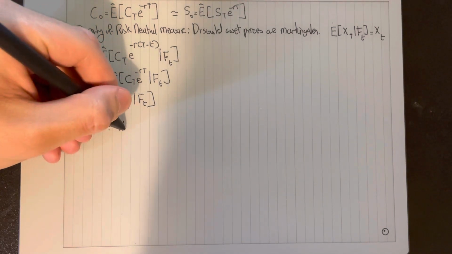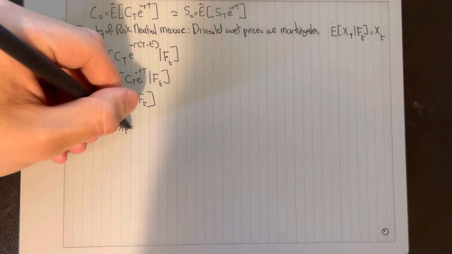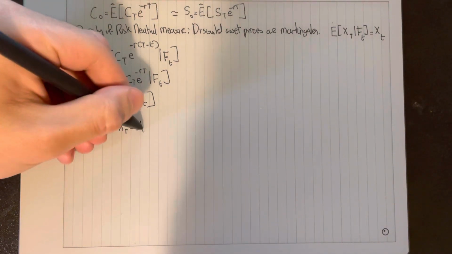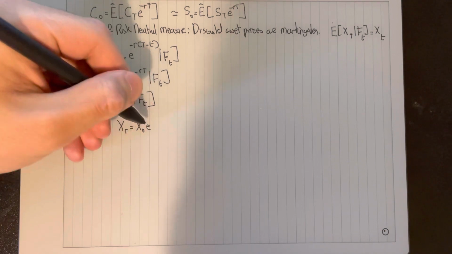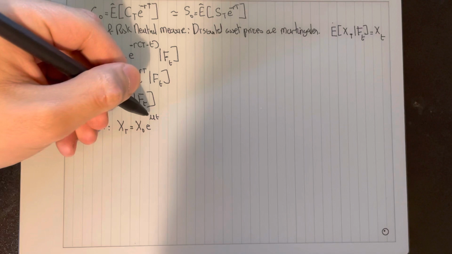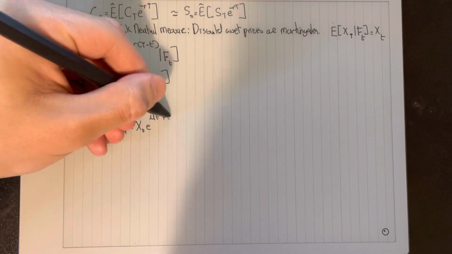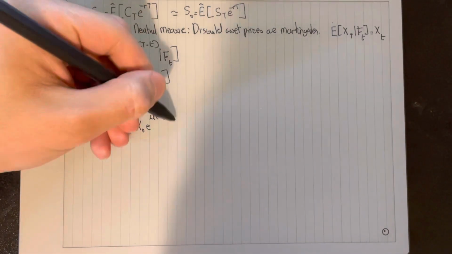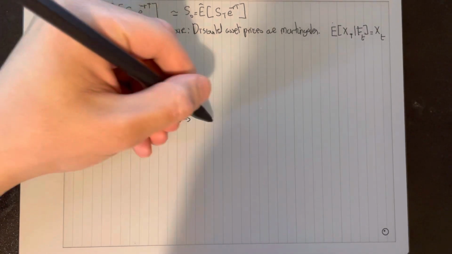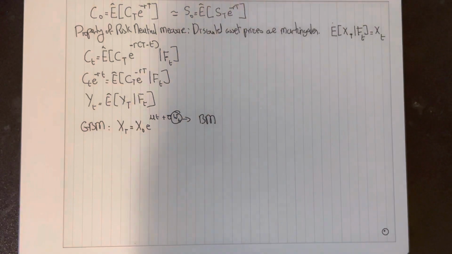And mathematically, that basically states that the value of the stock is equal to the initial value of the stock multiplied by e to the power of mu t, where mu represents the expected return, plus sigma, which represents volatility, multiplied by a random process over here. And this random process is a Brownian motion.